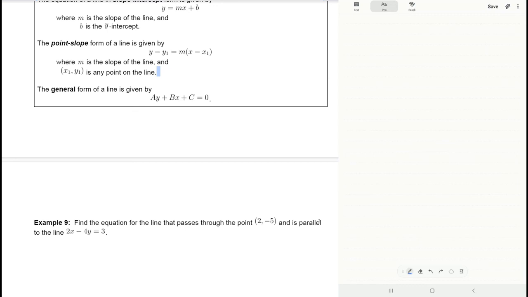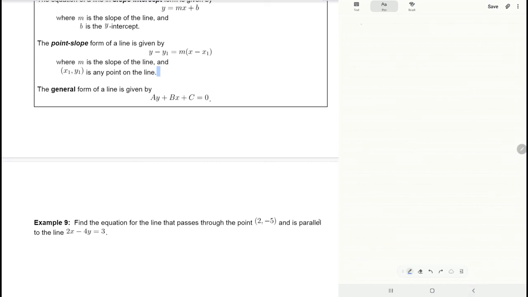Since we're looking for a line that passes through (2, negative 5), that gives us our point. The only thing that we need is the slope of the line. Since we want the line to be parallel to 2x minus 4y equals 3, all we need to do is figure out the slope of this line, since parallel lines have the same slope.